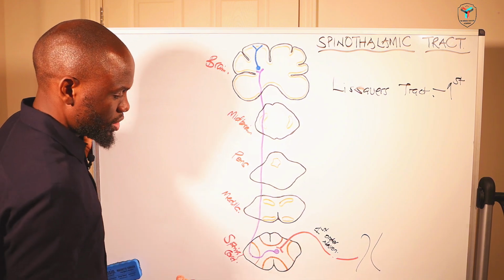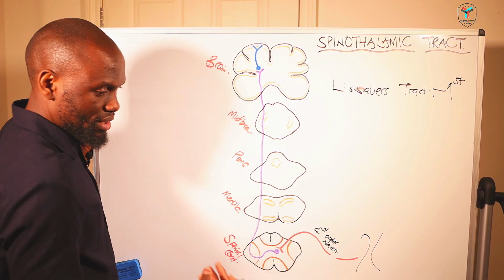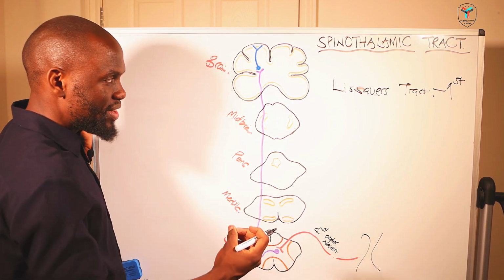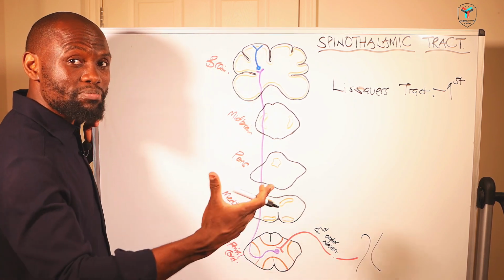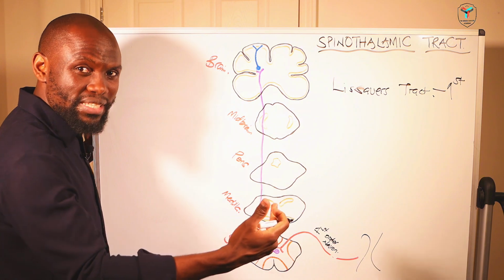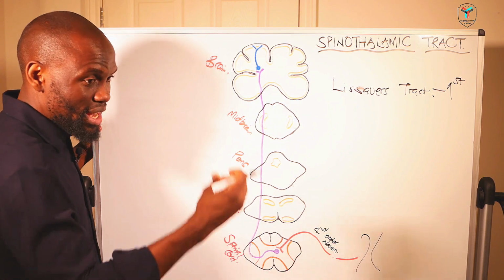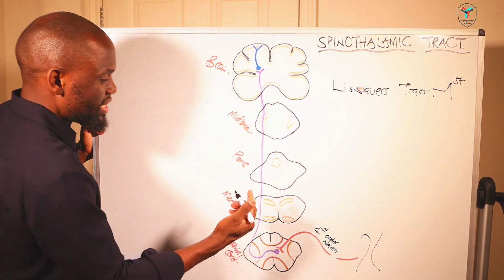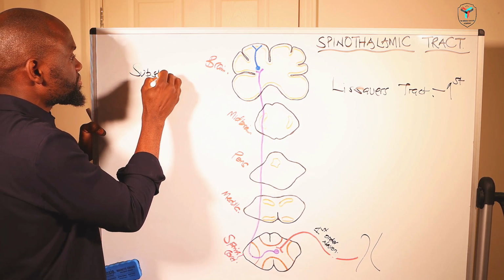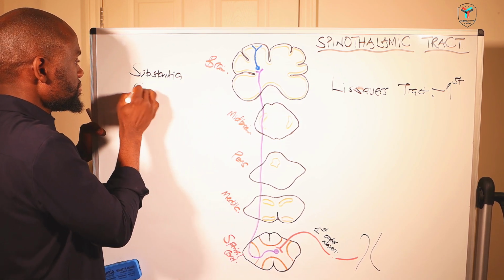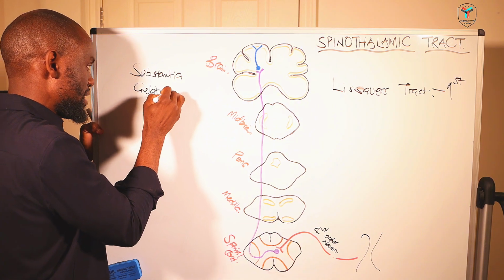and then enter into the gray matter of the spinal cord. Now, when they enter into the gray matter of the spinal cord, there is an area which is very important here, where it is then going to synapse and pass over the message to the second order neurons. So the area is what we call the substantia gelatinosa.